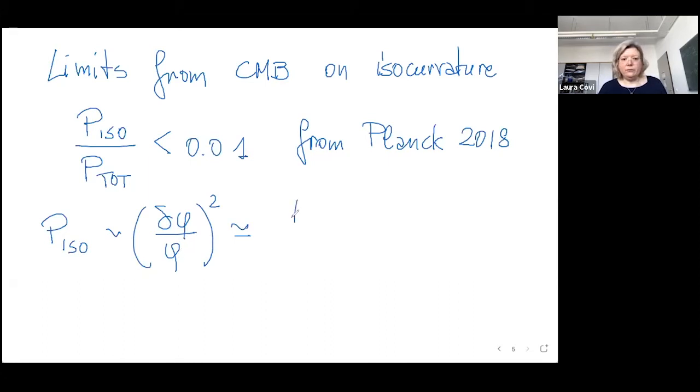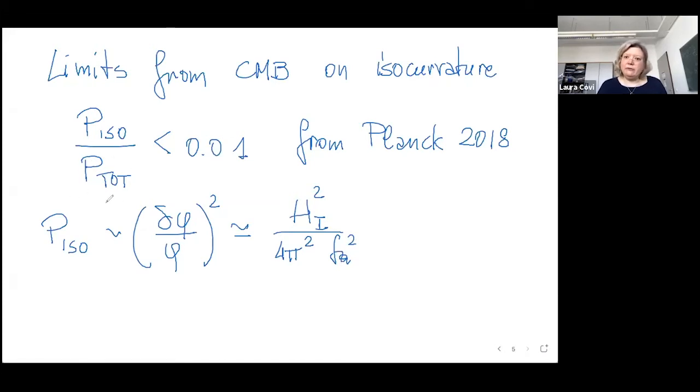So we have something like H squared divided by 4 pi squared Fa squared. In principle you would also have theta I here, and if you take it small or large you have to be careful, but I will take it to be order 1. And this is, in some sense, the prediction for the isocurvature.